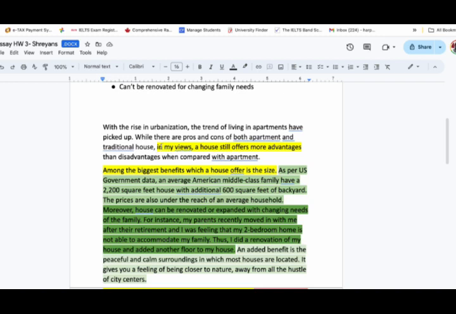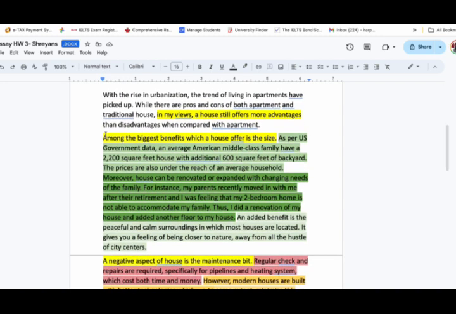So the student, as I have marked it as yellow, has given his opinion that a house has more advantages. Okay, let's see what is written here in the first body paragraph. Among the biggest benefits which a house offers is the size. So that's the topic sentence. I have marked it in yellow. That means the student would like to talk about the benefits of a house.